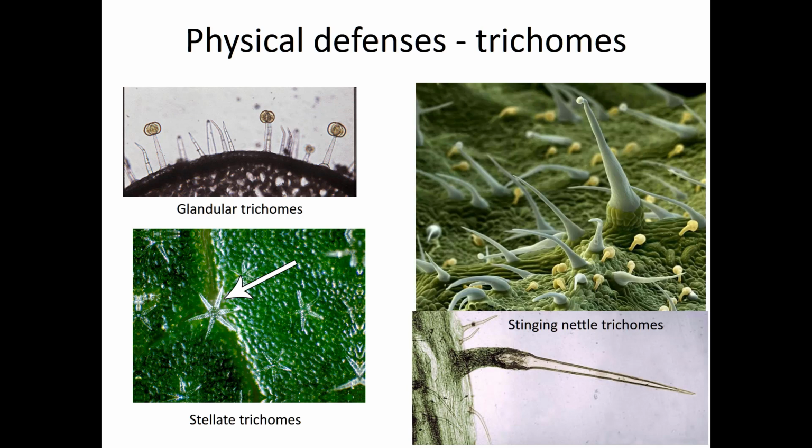Also on the outside of plants are these things called trichomes. Trichomes are little hairs that project above the surface of the leaves. They may be glandular, like in these tomatoes, with little glands on the tips that release these oils that are smelly, potentially deterrent. They may be stellate or take on any number of different shapes.